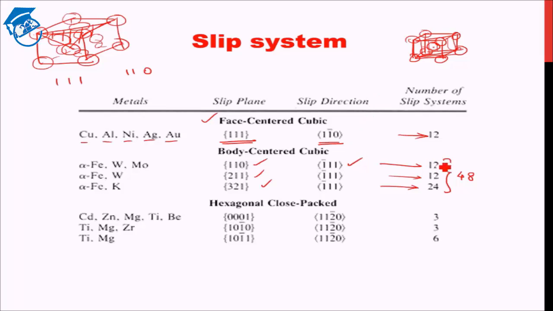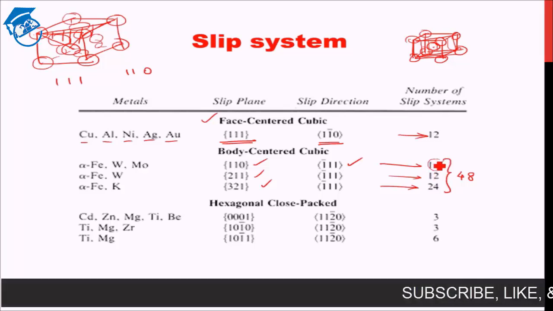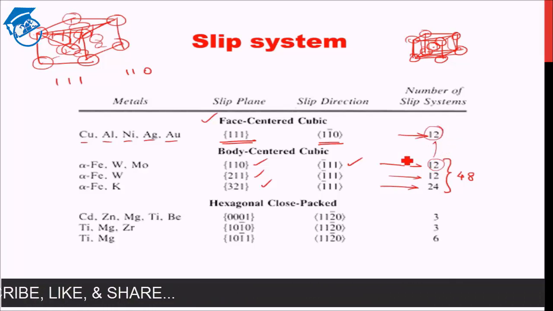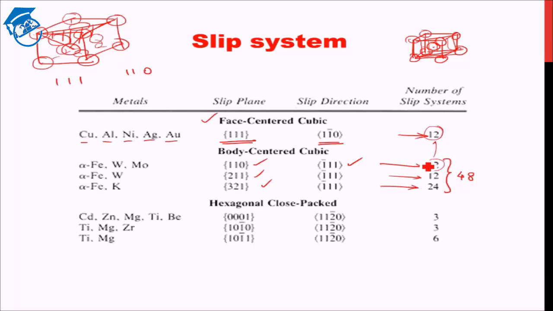Therefore these 12 slip systems are good slip systems, that is, the dislocation can move over there, but it will require more energy than would be required for the FCC slip systems. Fine. But they have a good number of slip systems. They have 48 slip systems which require a little more energy, but they let slip happen.